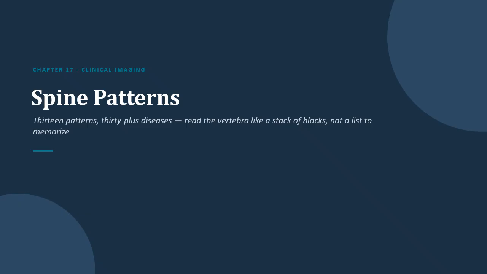In the same fashion as we've approached this book already, the author wants us to look at the spine itself as building blocks. So we're looking at the vertebrae that stack on top of themselves from C-spine all the way to the L-spine as building blocks. When we're looking at the image, we are asking the question, do those vertebrae look normal?